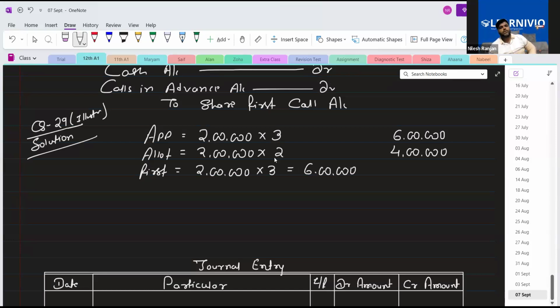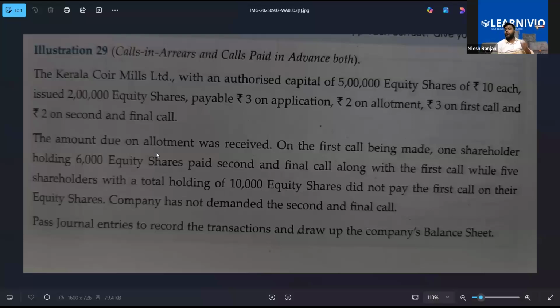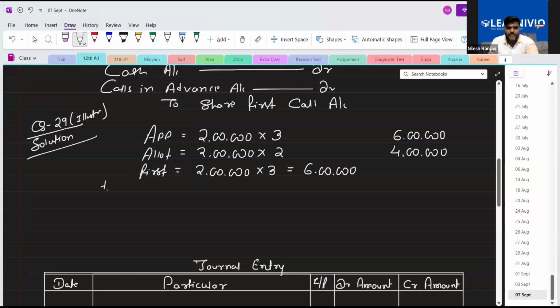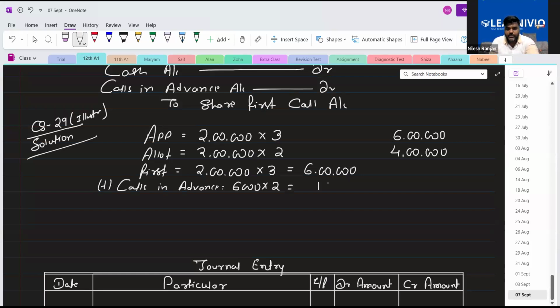Now on the first call, the amount due on allotment was received. On the first call being made, one shareholder holding 6,000 equity shares paid the second and final call along with the first call. So the second and final call amount is 2 rupees on 6,000 shares, so calls in advance will be added. We have received 2 rupees extra on 6,000 shares, 12,000.